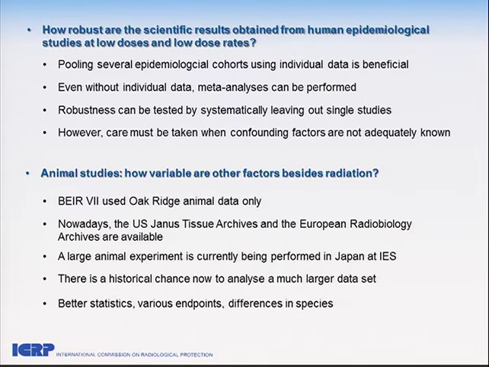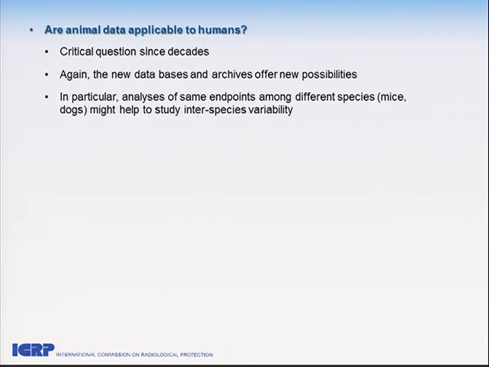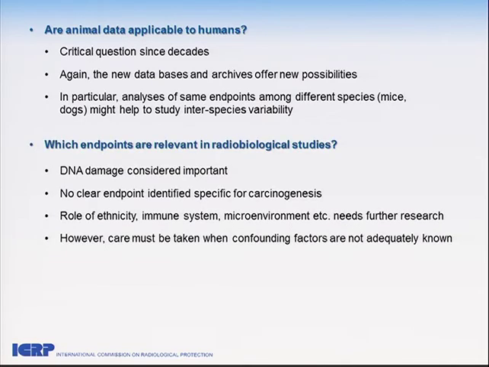Next question: how robust are the scientific results obtained from human epidemiological studies at low doses and low dose rates? Then there were questions about animal studies: how variable are other factors besides radiation? Are animal data applicable to humans? This is a question which we heard already in one of the first UNSCEAR reports, still topical. Which endpoints are relevant in radiobiological studies?